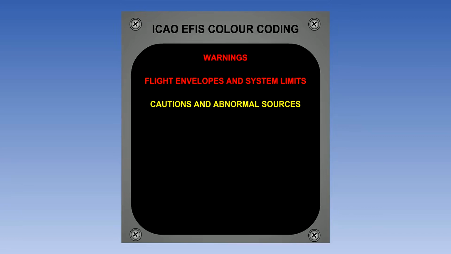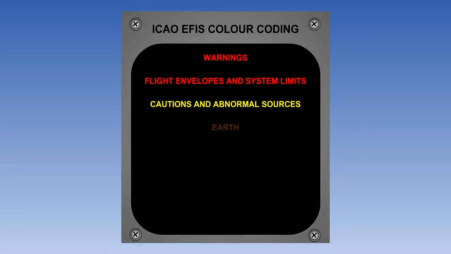The color coding used on the EHSI is a CAA standard which is also the standard adopted by ESA. ESA document CAS-25 recommends the following. Warnings are in red. So are flight envelopes and system limits. Cautions or abnormal sources are in amber or yellow.